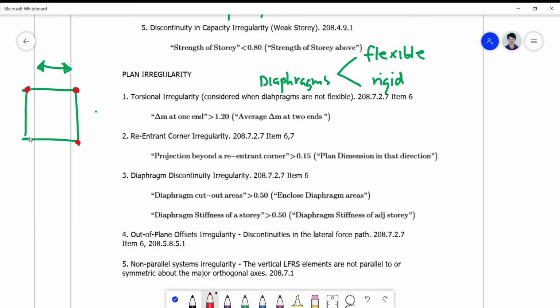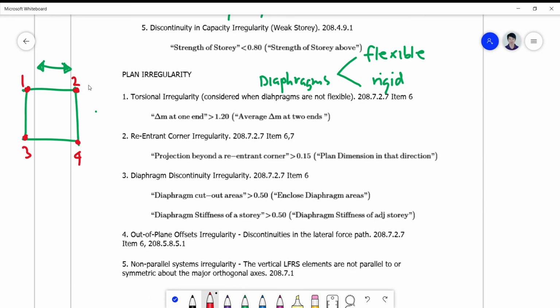So if I have nodes 1, 2, 3, 4, 1 will just move in more or less the same direction as 2, and 3 will move in the same direction as 4, okay? So you have to check delta 2 and delta 4.